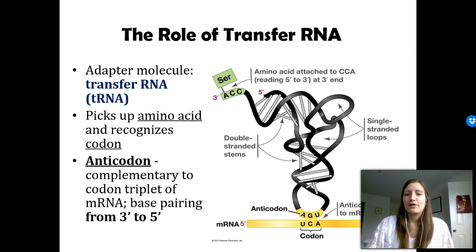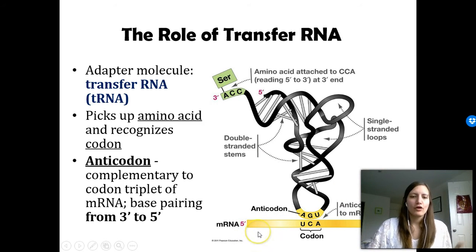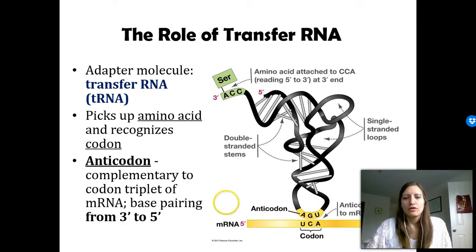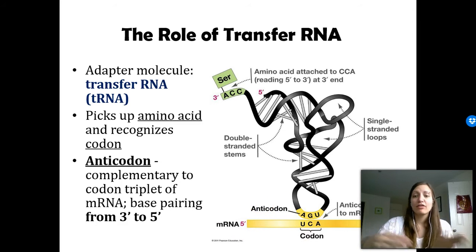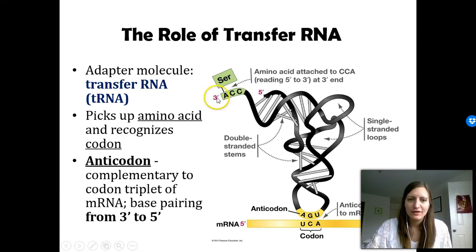Now this anticodon, so thinking of the codon on mRNA and then the anti or the opposite on tRNA, you notice it's running 3' to 5'. So here's the 3' labeled up here. We can follow this strand all the way down. And so here's 3' here and then 5' here. And that should make sense because this mRNA strand is labeled 5' to 3'.